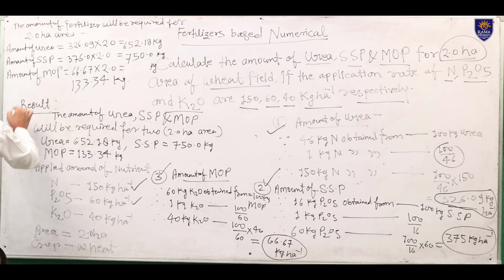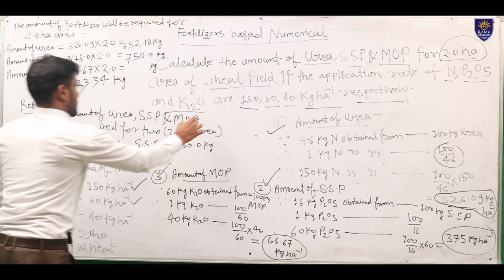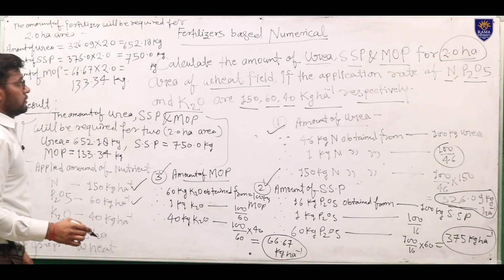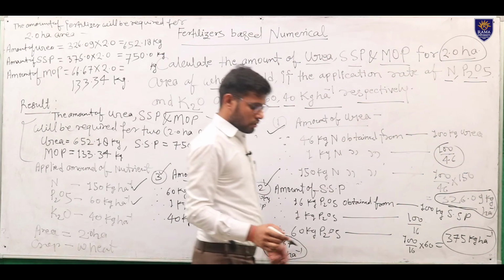So this is the final result and answer for urea, single superphosphate and muriate of potash.